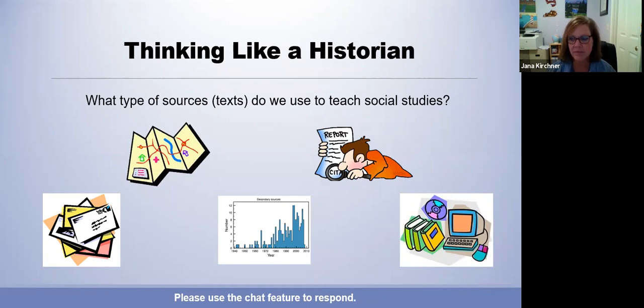Primary sources, news articles. I would also throw in music, political cartoons, artwork. I don't know if we got artwork in there or not. Posters, pamphlets. Does that jog anybody's thinking?